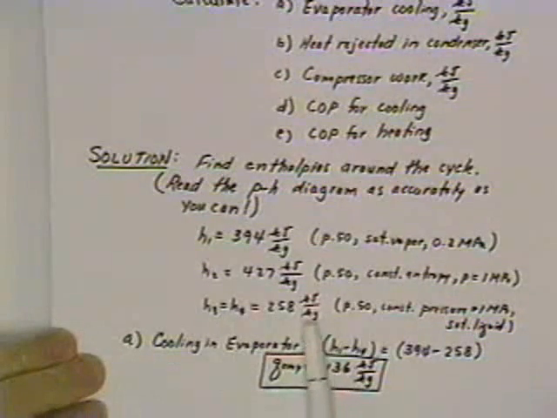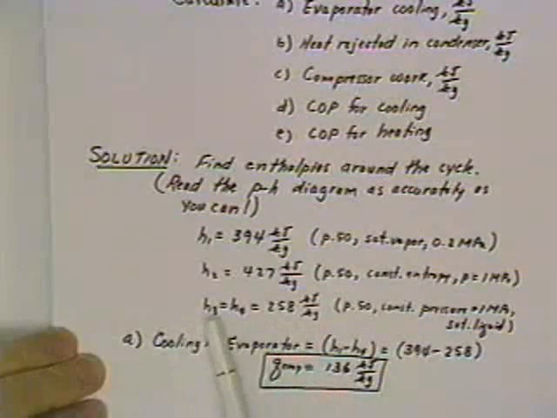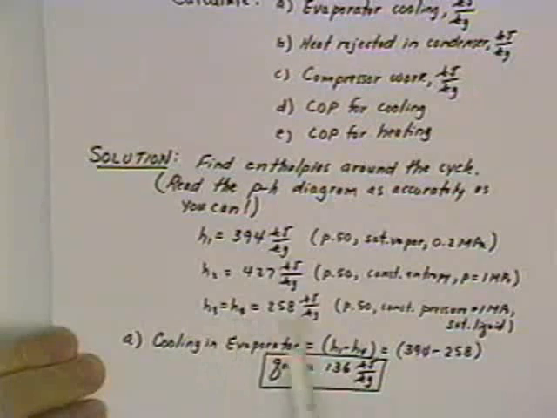H3 is fairly easy to locate. 258 kilojoules per kilogram is located on the saturated liquid line at 1 megapascal pressure. And then, since the process from 3 to 4 is expansion through the expansion valve or capillary tube, H3 is equal to H4, so it's also 258 kilojoules per kilogram.